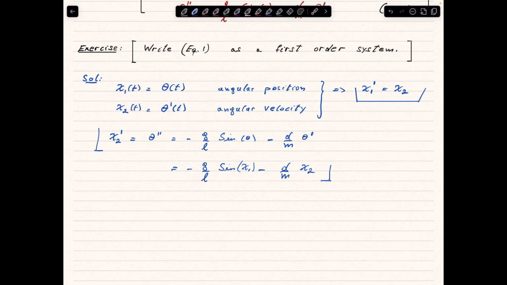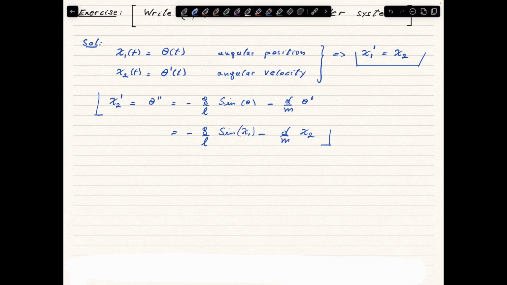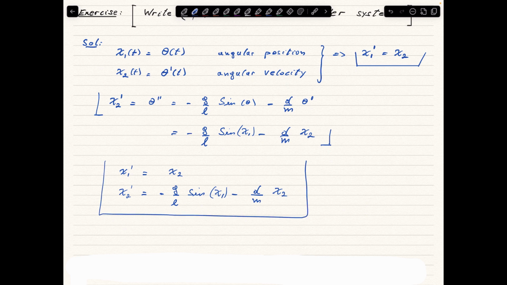If we put both together in a nice way, we get x1 prime equals x2, and x2 prime equals negative g over L sine of x1 minus d over m x2. And that's the system.